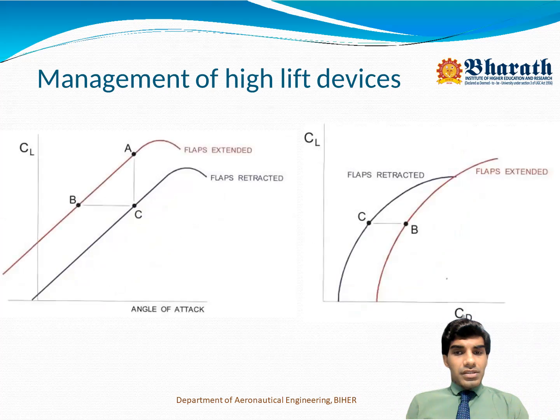Here you can see in the figure the flaps extended and flaps retracted, and how the position and location will change based on the high lift devices. If flaps are extended, we can operate at two places, and with flaps retracted we can operate at one point. In the right side figure, with flaps retracted we can use one position, and with flaps extended we can use two places.